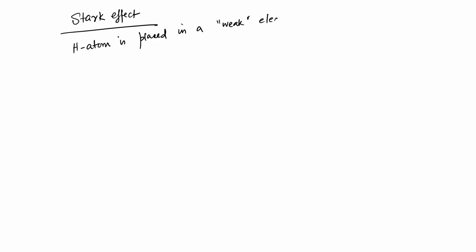The electron is never knocked out, and it remains very close to the ground state. So, that is the weak electric field, and we want to find what the changes in the energy levels are.